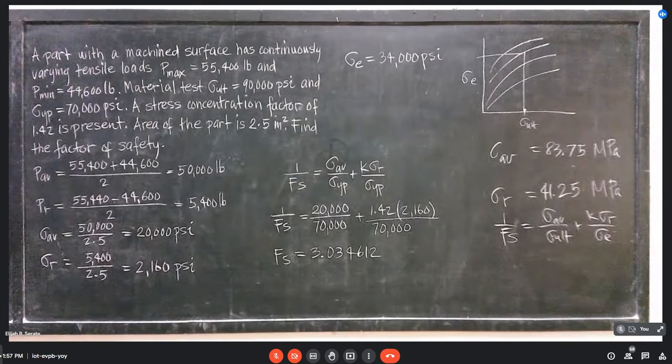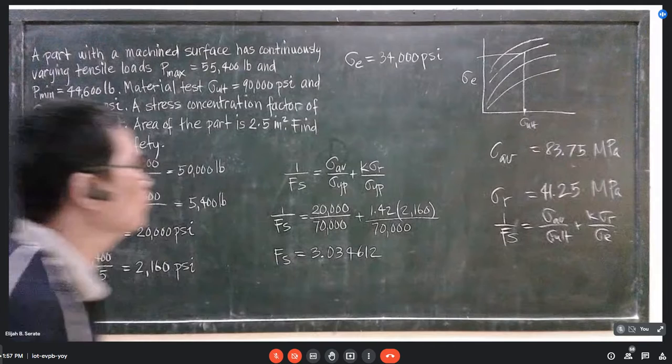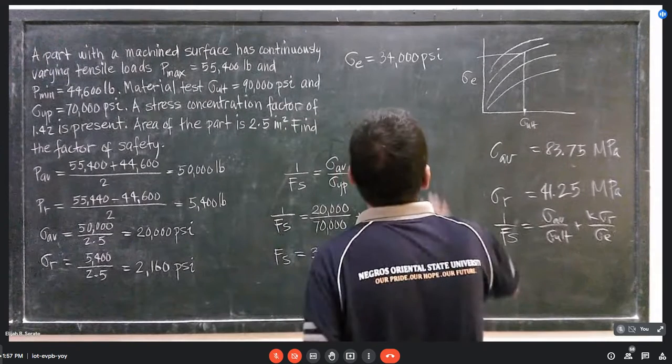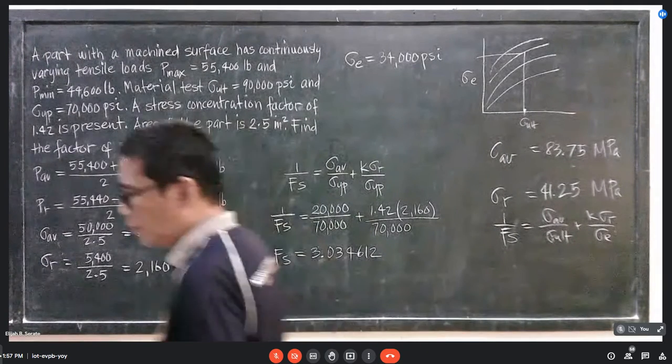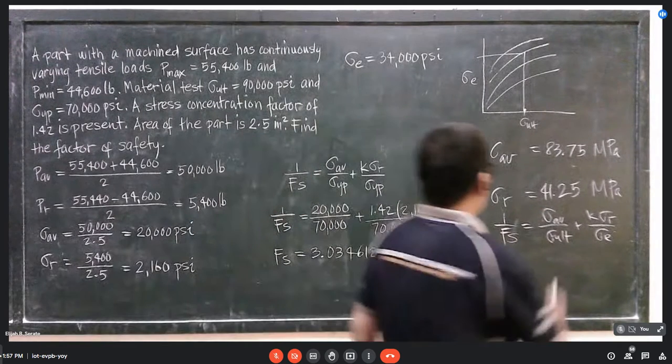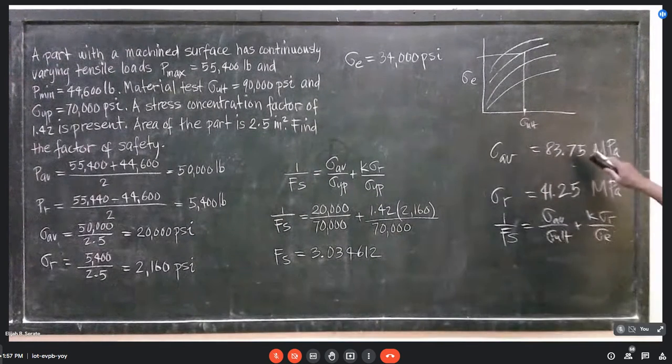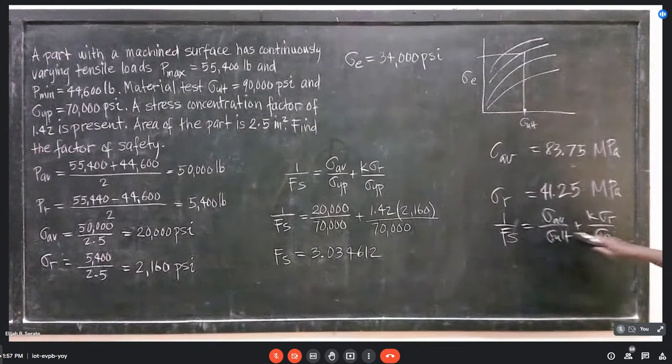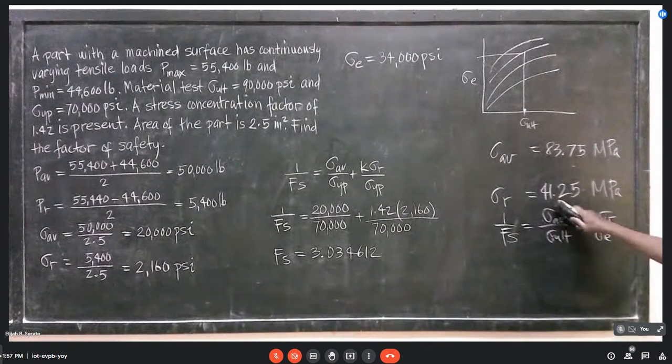I'm going to erase because I have no space left. Remember what happened: even if the average stress is greater than the range stress, what we used is not average over yield point, range over yield point.